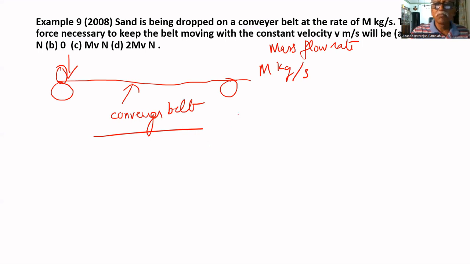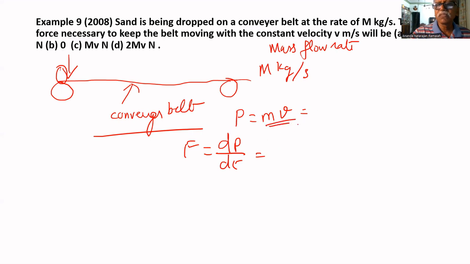We know momentum P equals mv, and force equals dp by dt. If you differentiate with respect to time, we get m into dv by dt plus v into dm by dt.